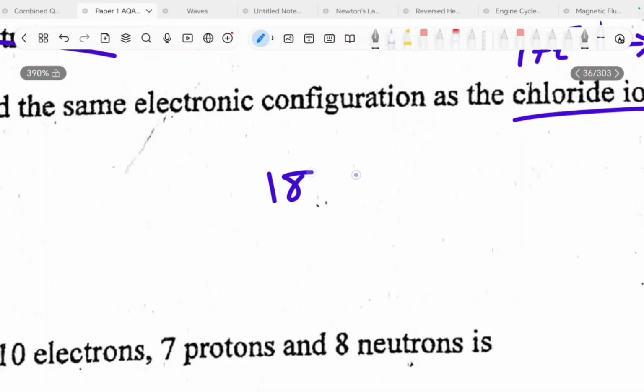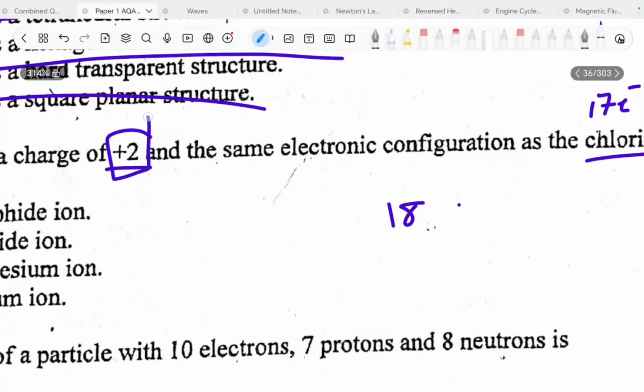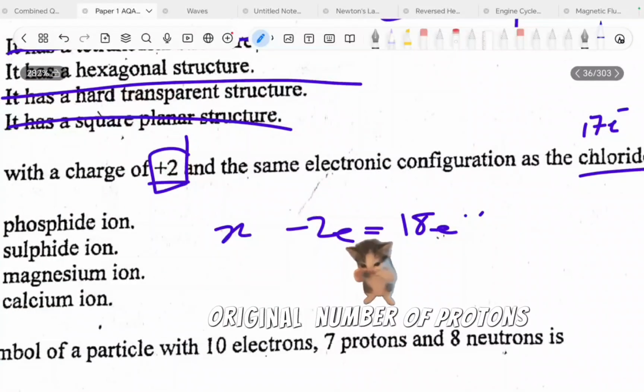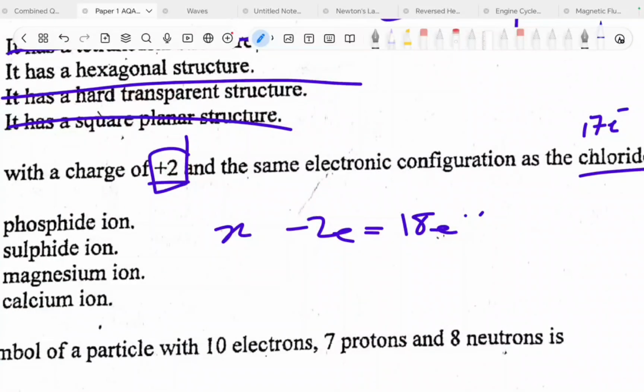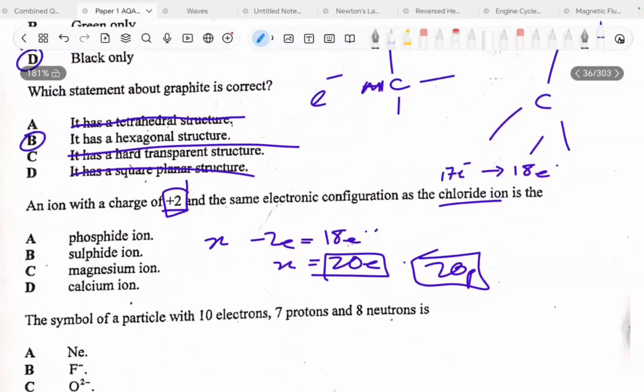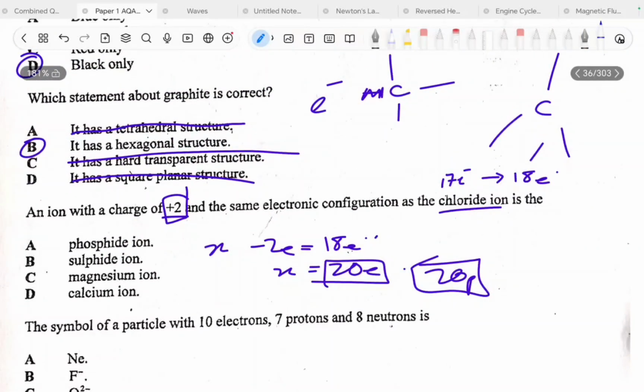It has 18 electrons, but it has a charge of 2 plus. For you to get a charge of 2 plus, you have to take away 2 electrons. So say x minus 2 electrons is equal to 18 electrons, where x is the original number before we took away the electrons. Just treat this as a simple equation. So x is equal to 20 electrons, which is the same as 20 protons for no charge. I'm doing this so that you can just go to the periodic table and see the symbol.